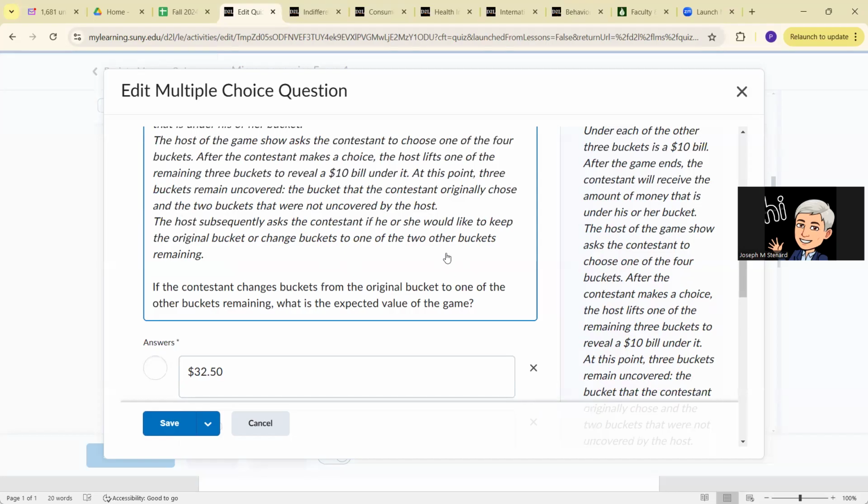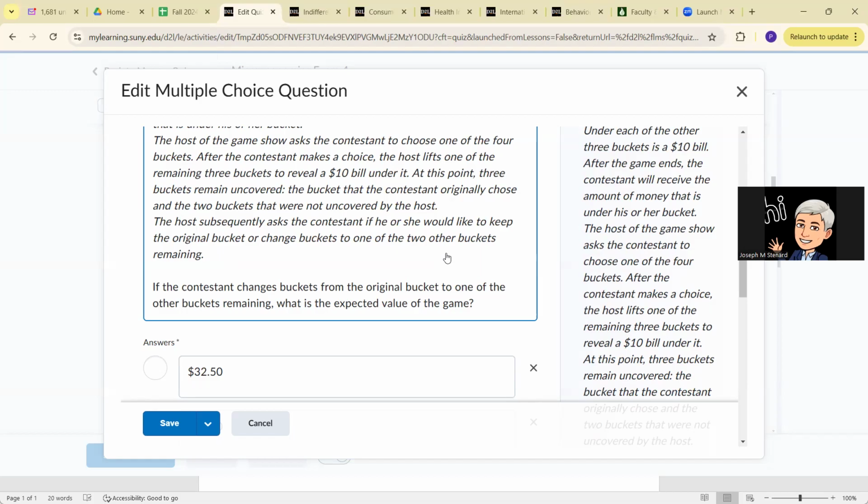And just to give you an idea of what we mean by expected value, for those that are good at math, if someone gave you this choice, they say, hey, how would you like to pay $30 to play this game? You give me $30 and I'll show you four buckets. One of these buckets has $100 in it. The other buckets each have $10 in it. Would it be smart for you to play that game, pay $30 to play that game?